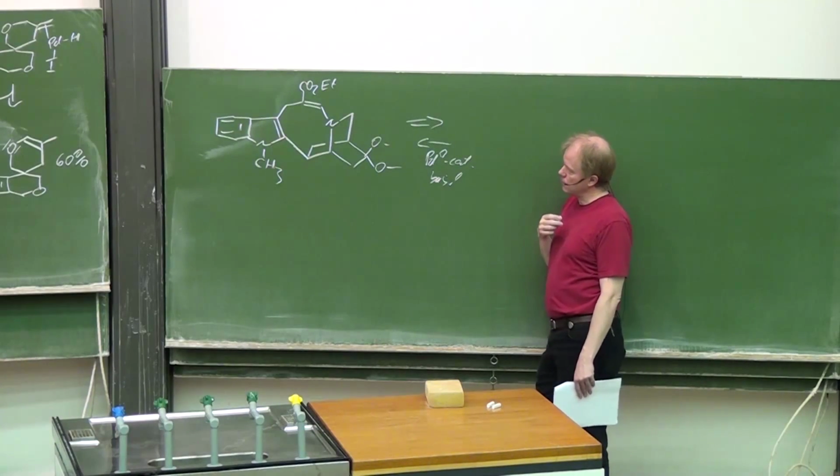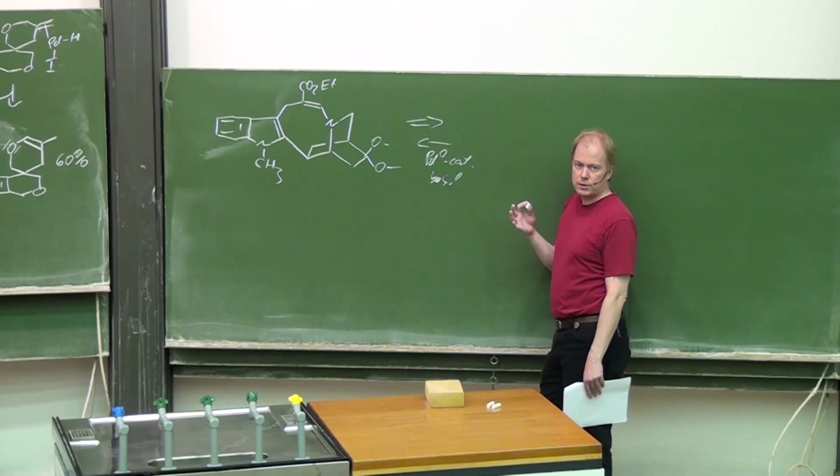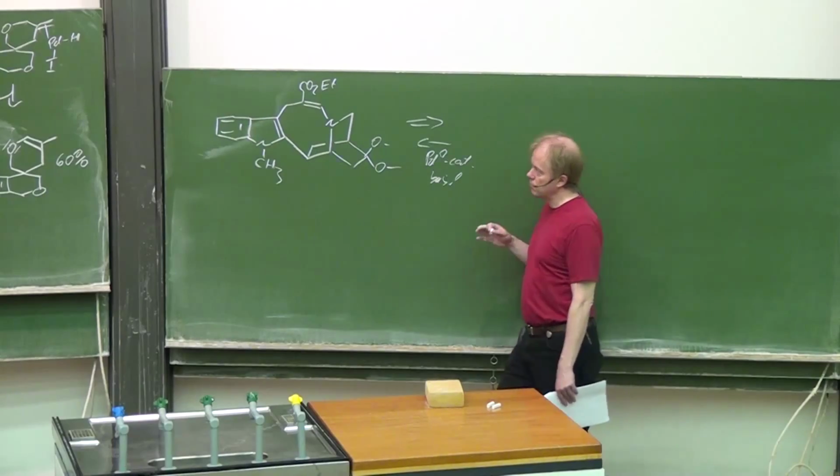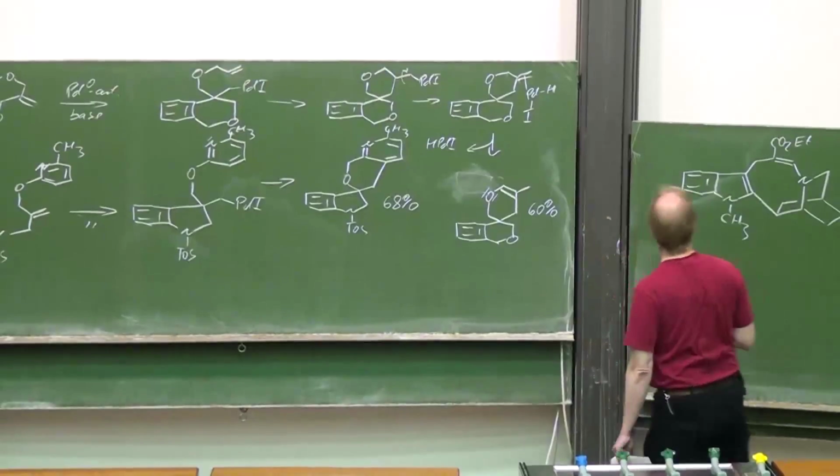So, now let us discuss which CC bond has been formed by the palladium catalyzed process. Usually it should be close to the double bond. But remember, we have already seen examples where the double bond can migrate. For instance, this case here.